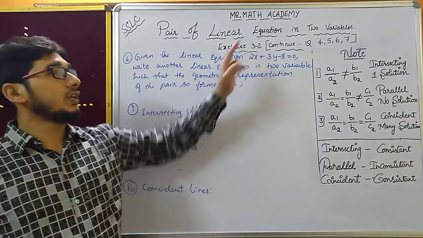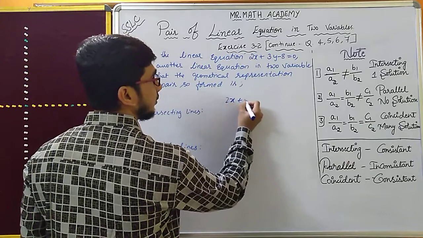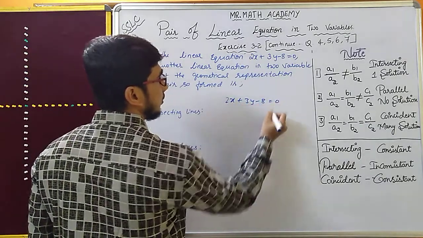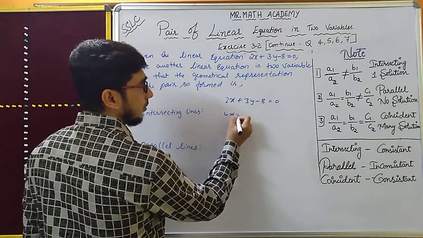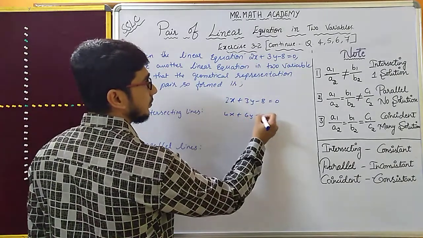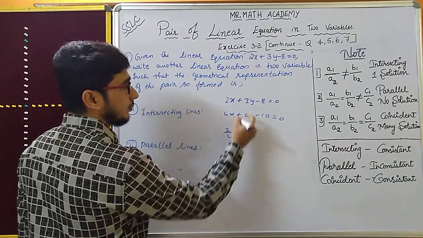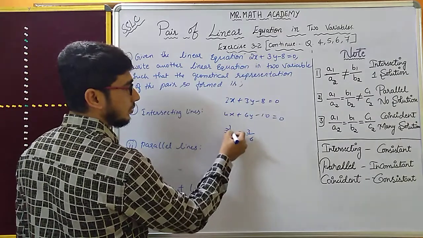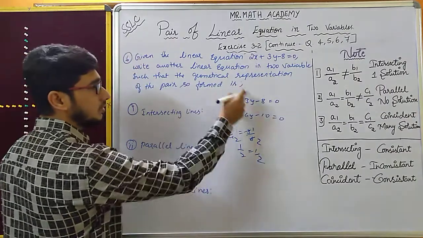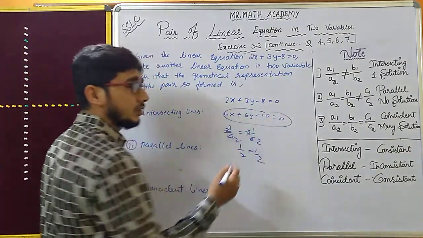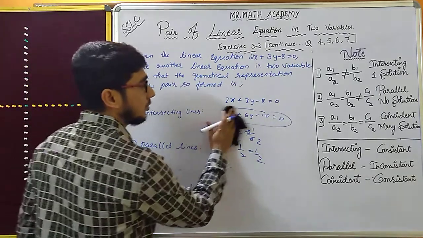So already one equation they have given, 2x plus 3y minus 8 is equal to 0. If you write 4x plus 6y plus something is equal to 0, just observe, this is 2 by 4, this is 3 by 6, so 1 by 2 is equal to 1 by 2. It is not intersecting.